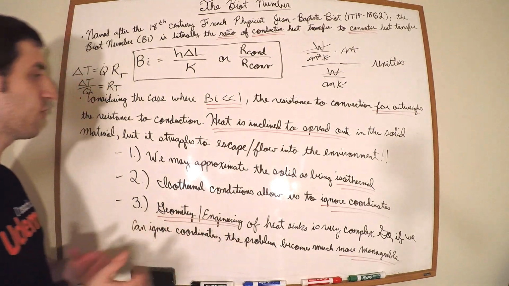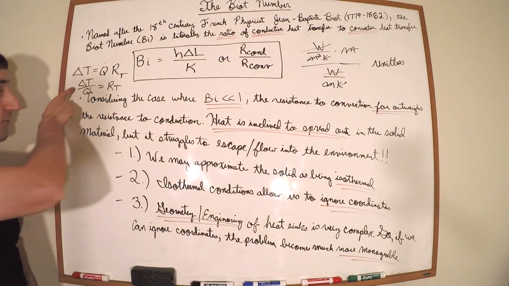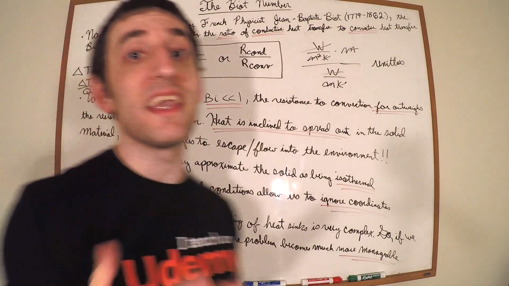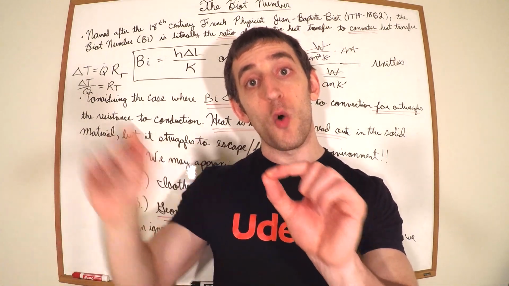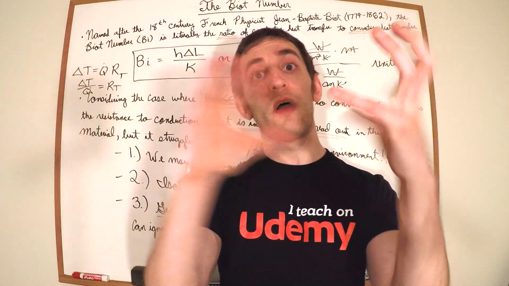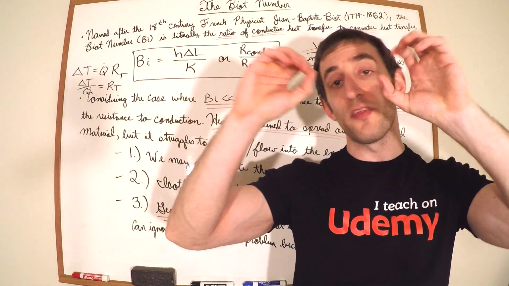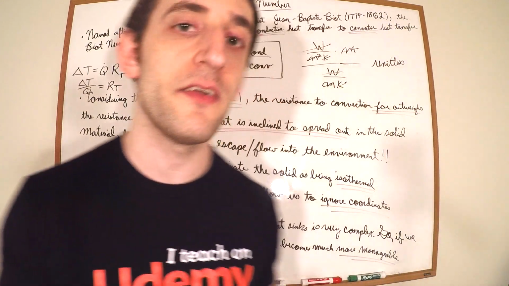So one consequence of this is that if it's spreading out and the temperature differential is small, we can approximate the material as being isothermal. Let's break down that word, isothermal. Iso means equivalent, the same. And thermal, the same temperature. One temperature throughout a material.